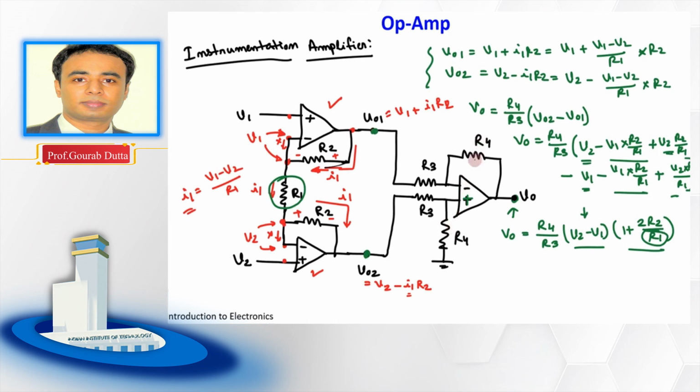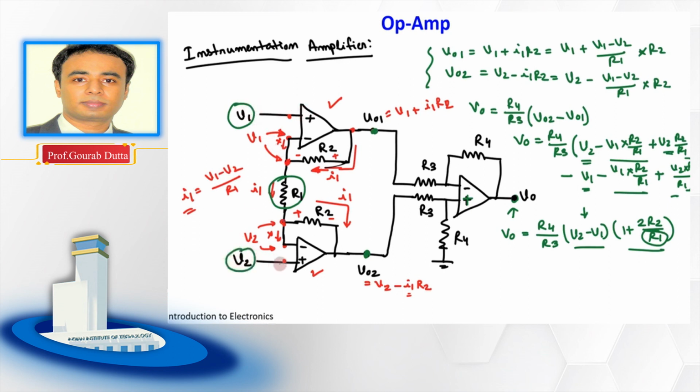But what about the input resistance? See, this is one of the inputs, right? This input is directly connected to the ideal op amp input, with no resistance in between, right? You know that the ideal op amp input resistance is very high, ideally infinite. So that way the input impedance is infinite. Same thing is here.